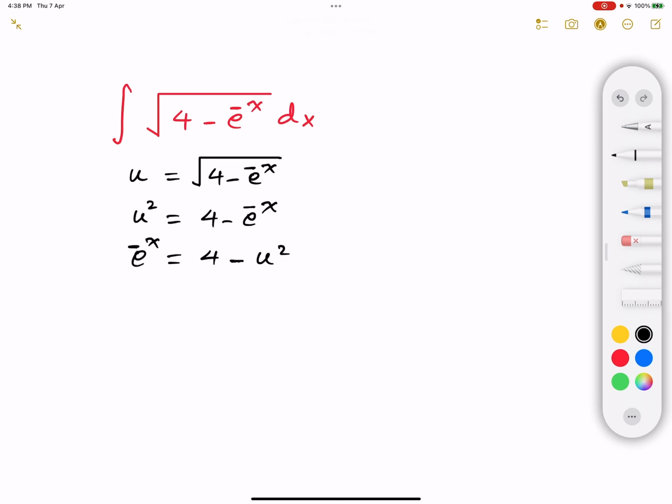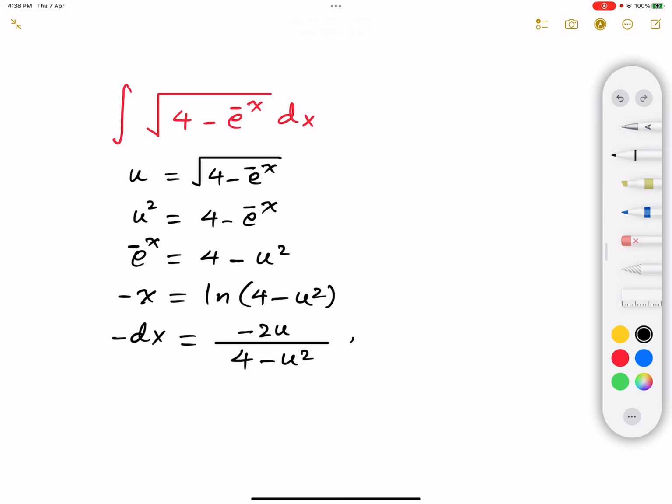And then we need to express x in terms of u, so we need to take the natural logarithm of both sides, so that would give us minus x equals the natural logarithm of 4 minus u squared, and then I will differentiate both sides, so minus dx is going to be equal to minus twice u divided by 4 minus u squared du, and then I can take the negative from both sides, so dx is going to be equal to twice u over 4 minus u squared du.